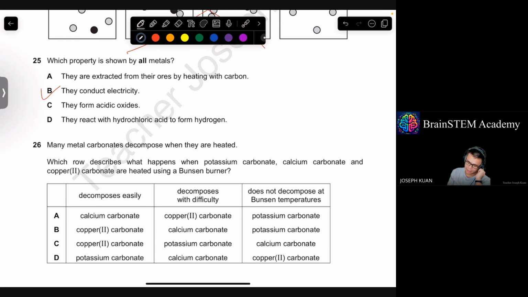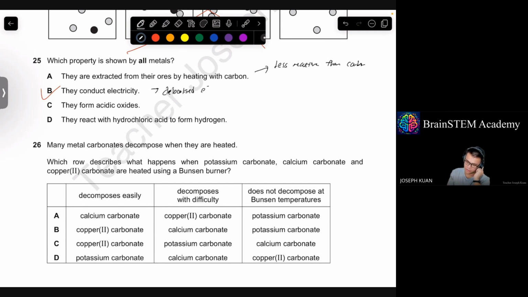A, they can be extracted from their ores by heating with carbon, but only for those which are less reactive than carbon, then they are able to get removed from their ores. Otherwise it will not be possible. Then for B, they conduct electricity because they have delocalized electrons in their metallic structure. That's true for all metals.